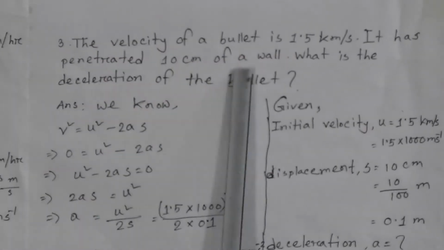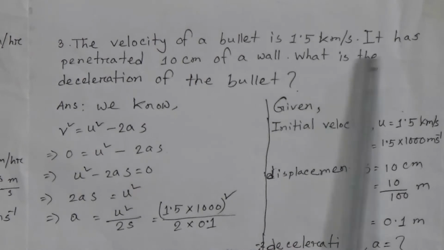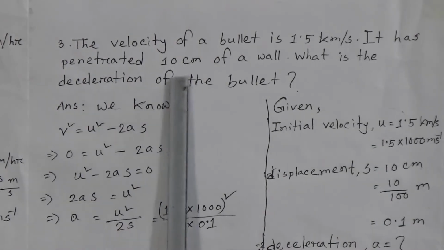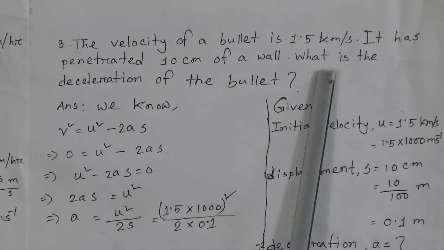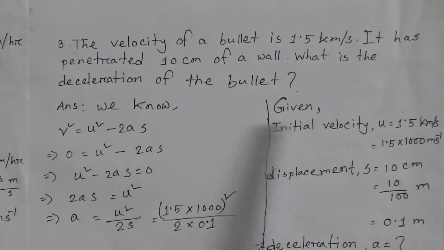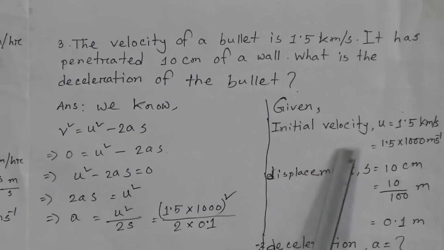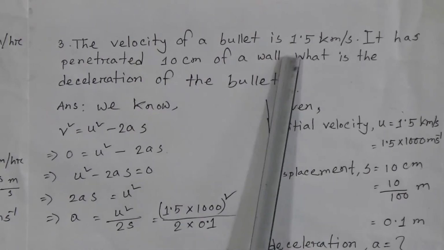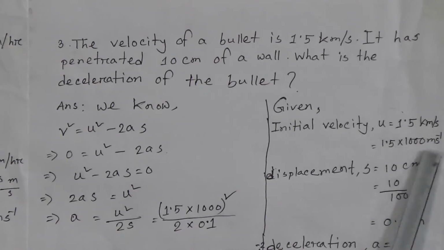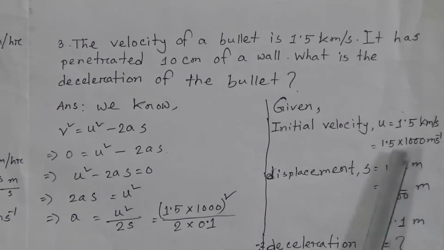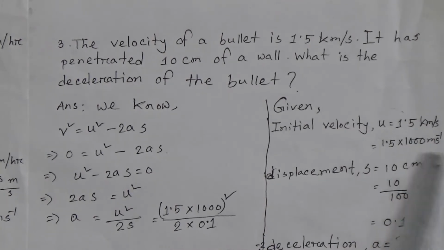Now come to number 3. The velocity of a bullet is 1.5 kilometer per second. It has penetrated 10 centimeter of a wall. What is the deceleration of the bullet? Here the initial velocity is 1.5 kilometer per second, and we have to convert kilometer into meter by multiplying with 1000: 1.5 into 1000 meter per second.